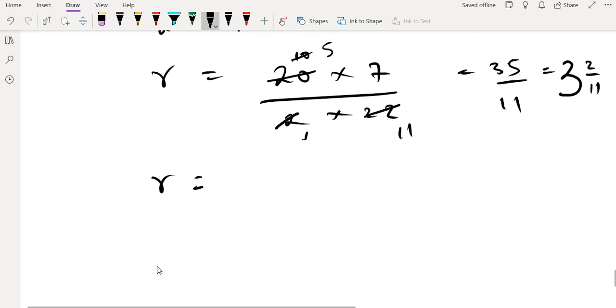So R is what? 3 whole number 2 over 2. Is it 1.8? What is it? 3.18 meters.